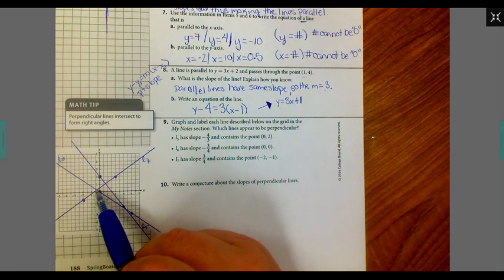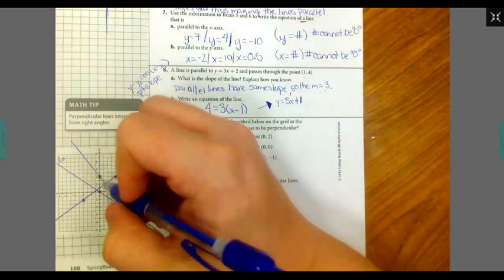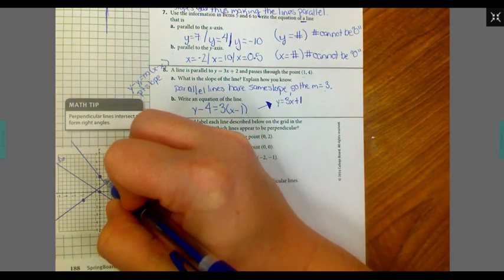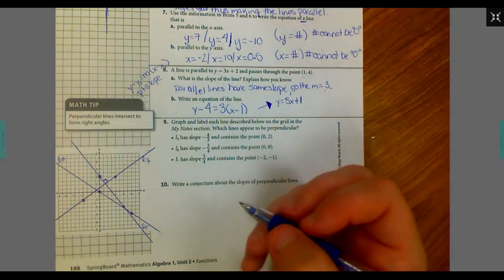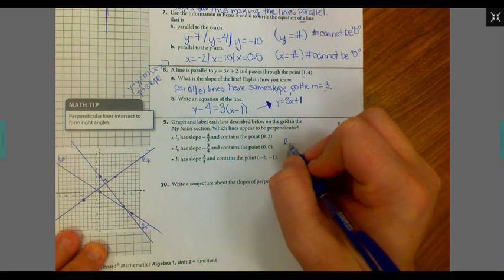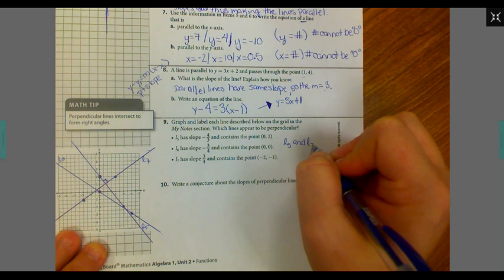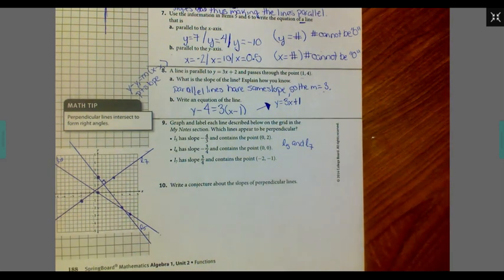No. L5 and L7 intersected right here. Does this look to be 90 degrees? Yes, that's my right angle right there. So it seems like L5 and L7 intersect to form right angles.